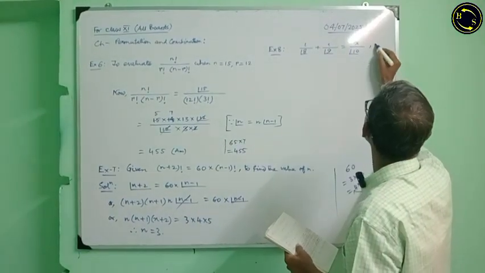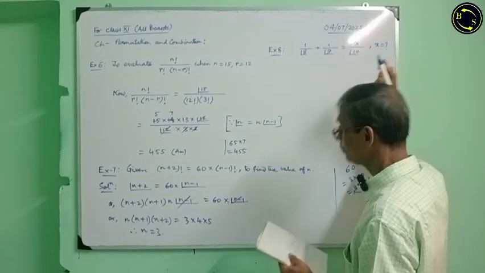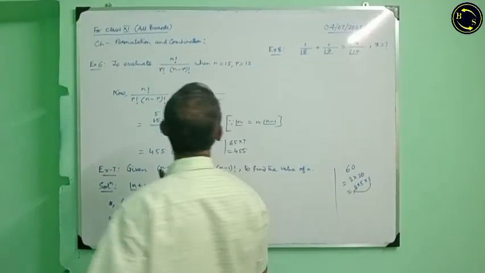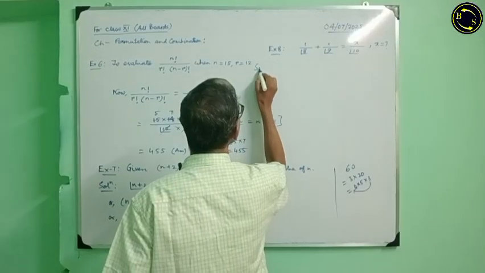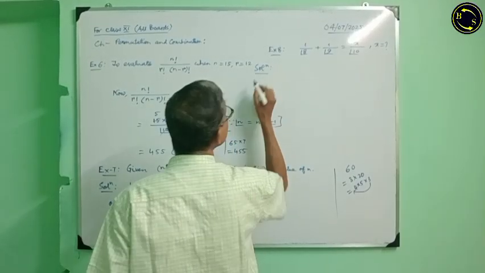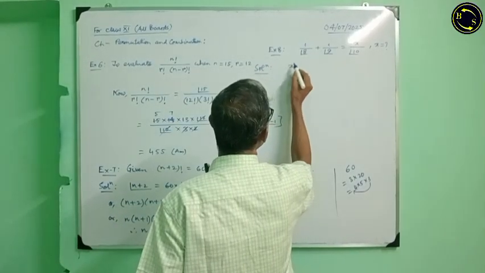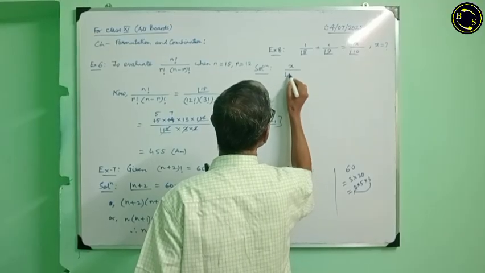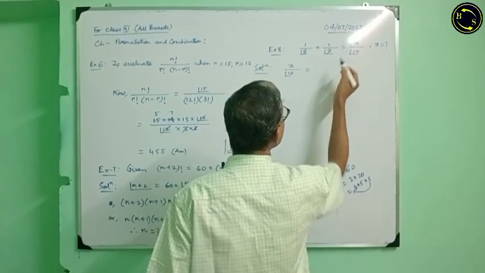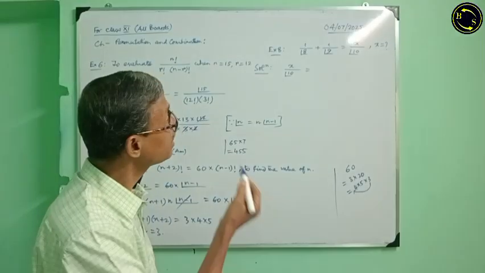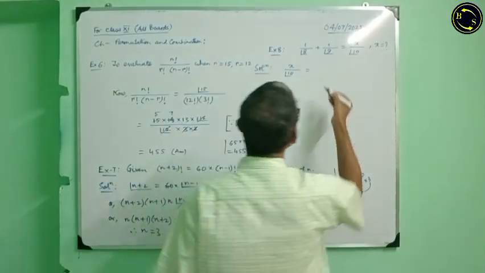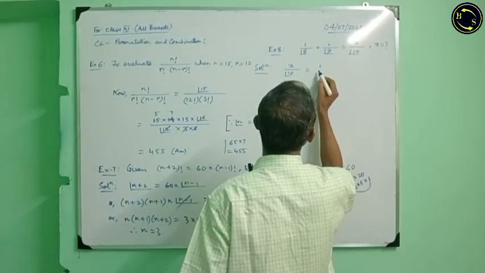We have to find the value of x. X by factorial 10. Since the unknown is on the right, I have taken that on the left side. Then we have to simplify this.